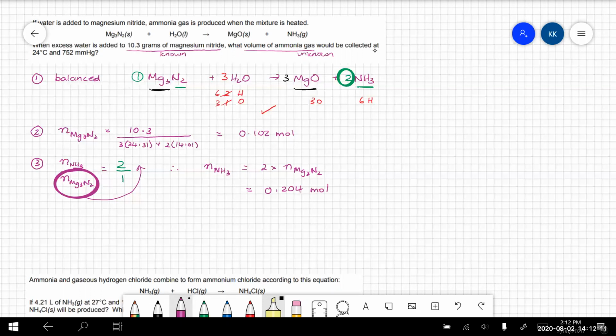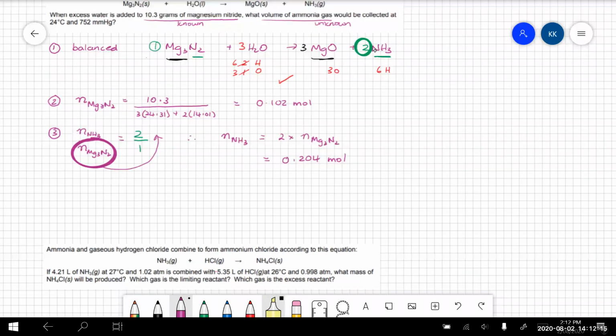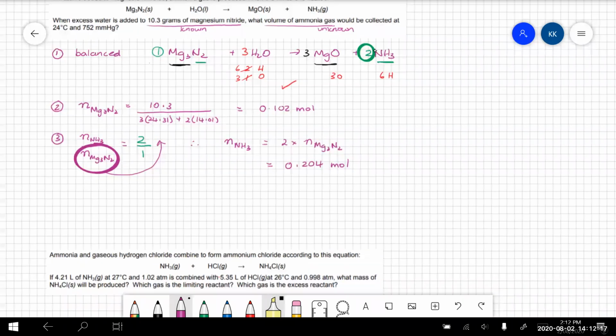Now we've got the moles, we need to convert to the required quantity, and the required quantity is volume. Because we're given a temperature and a pressure, and we've calculated a number of moles, we can use the ideal gas law, PV equals nRT.